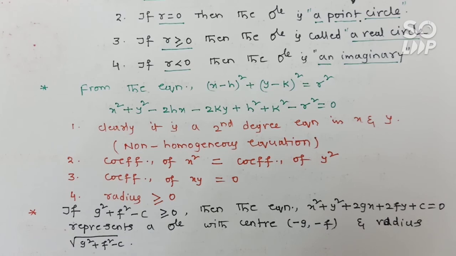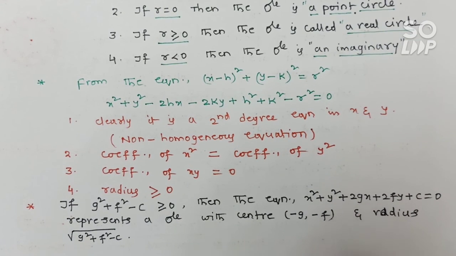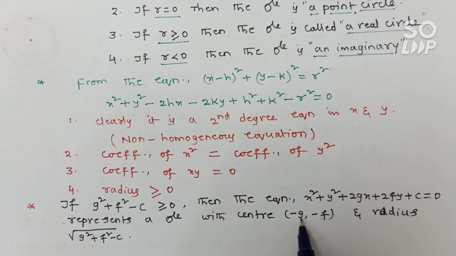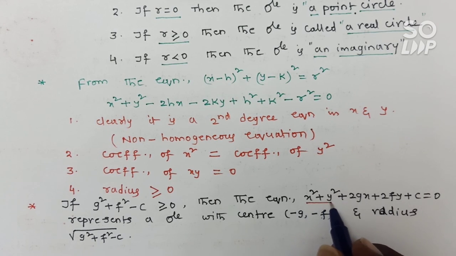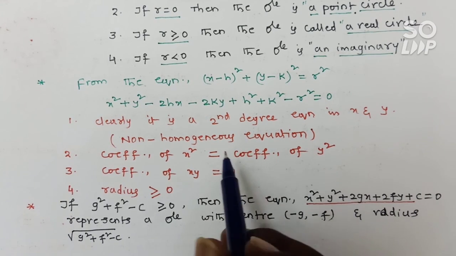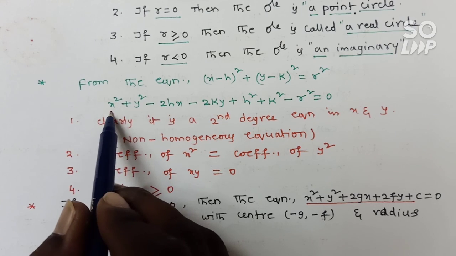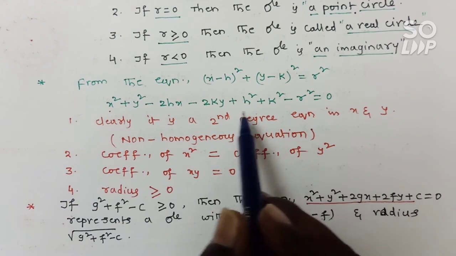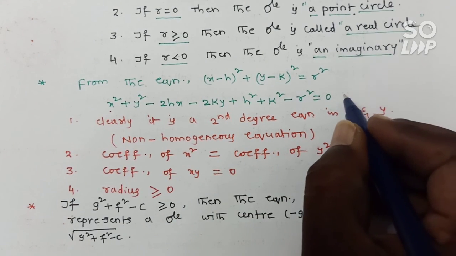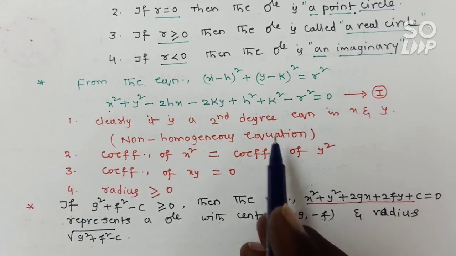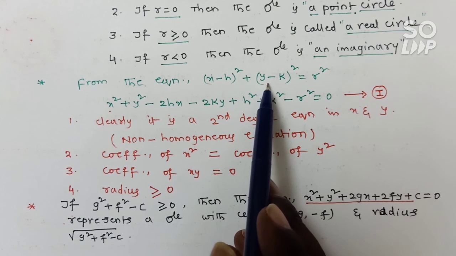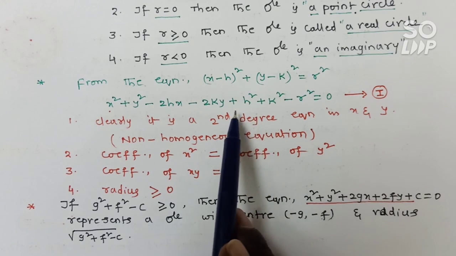So how can we prove this equation has the center minus g comma minus f? Now comparing this given equation and this equation, this is Roman number 1, because we already took the Roman number 1. By expanding you will get this one.